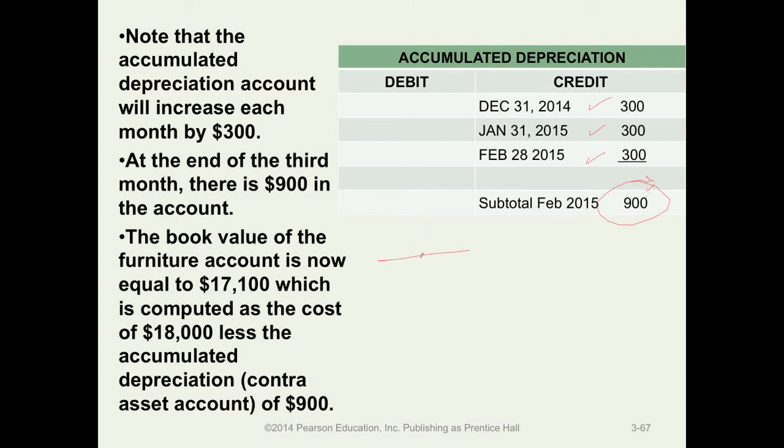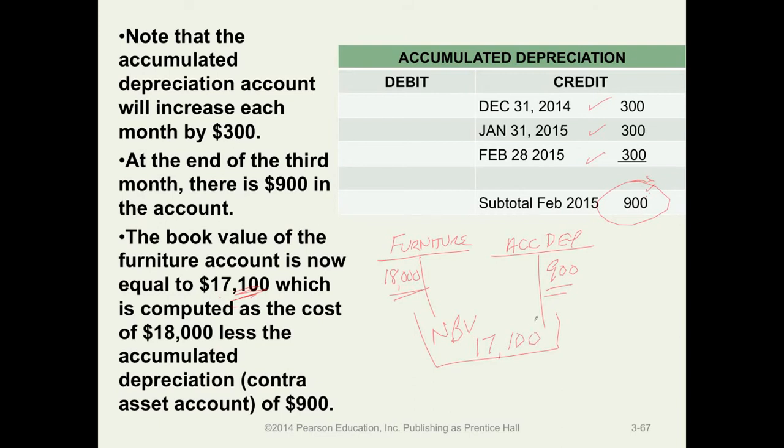And if we look at the T accounts, just taking the T account above, after 3 months, it has 900, so that the net book value now of that asset is $17,100.